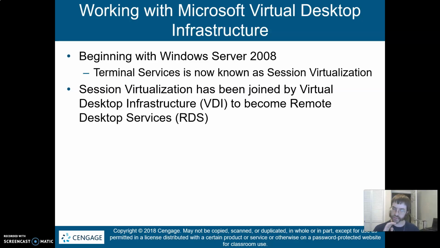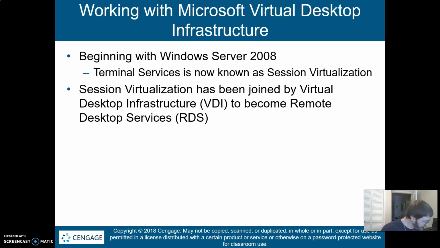So the old way was literally to use terminal services to tie into a remote machine, and your local machine really did become a terminal to that remote machine. Terminal services have now become session virtualization. Now, if you take session virtualization with the virtual desktop infrastructure and roll them together, you get remote desktop services, virtualized hosts in remote desktop services.